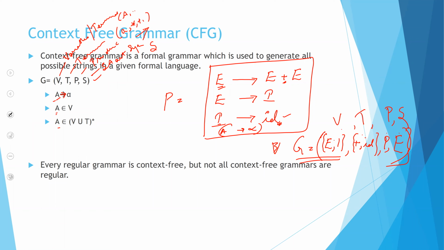A will belong to the set V. Here I have my A as E and I. You take individually E and I. They will belong to my set V. Now, every regular grammar is context-free as per the hierarchy we saw, but not all context-free grammars are regular.